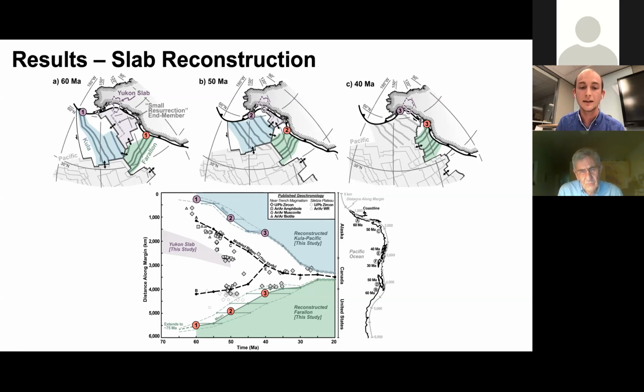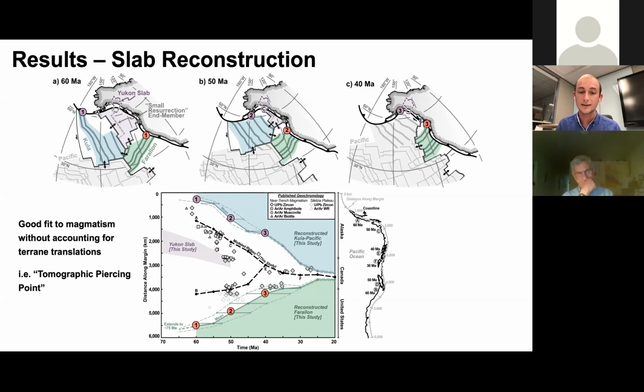So we can take these ridge trench intersection points and input them into our plate tectonic model, and by doing so, model the positions of these mid-ocean ridges. And that is what's controlling where we've drawn these mid-ocean ridges on the maps on the upper part of the slide.